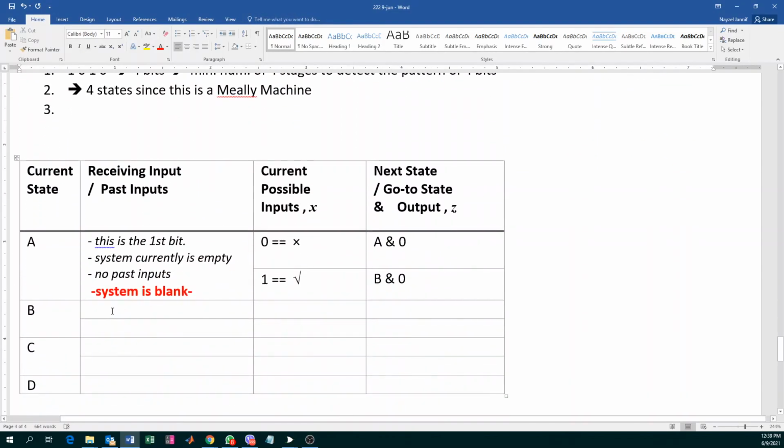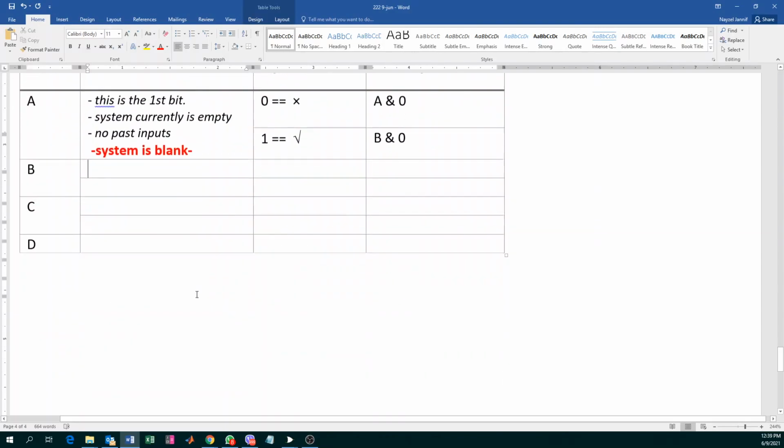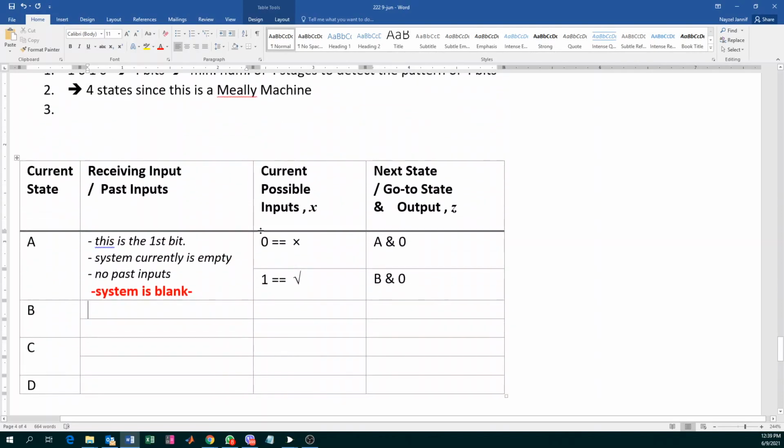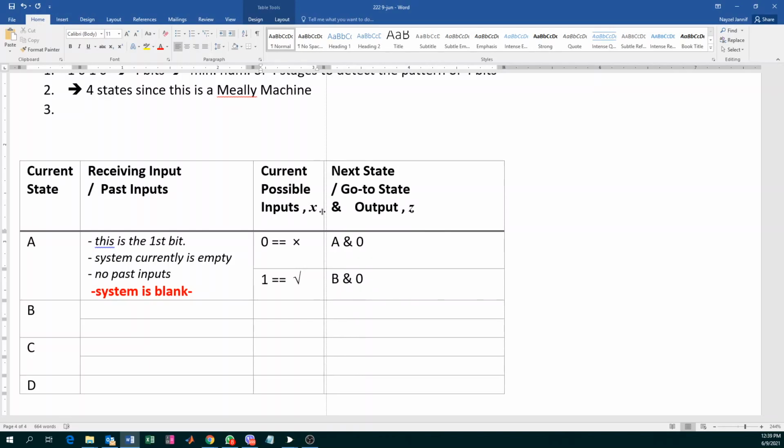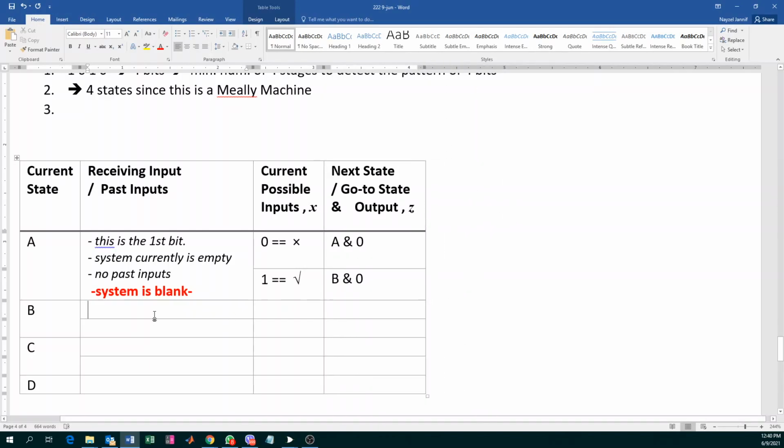All right, now let's move to B. In order to get to B in the first place, our past input would be 1, right? And this is always either a 0 or a 1.